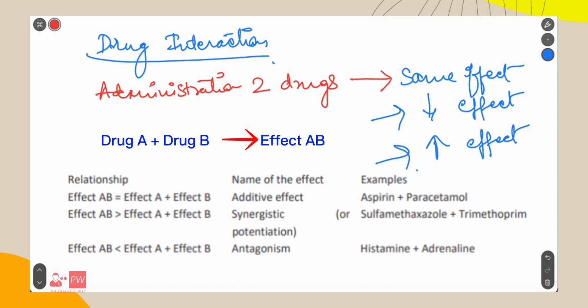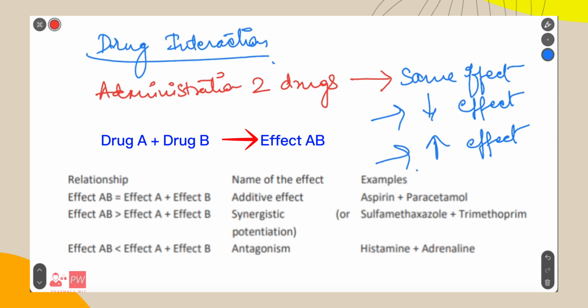For example, the first one, the effect of both the drugs A and B is equal to the effect of A plus effect of B. It is called additive effect. For example, aspirin with paracetamol. Next relationship is if the effect of A and B drug is more than the effect of A and effect of B. This is called synergistic effect.